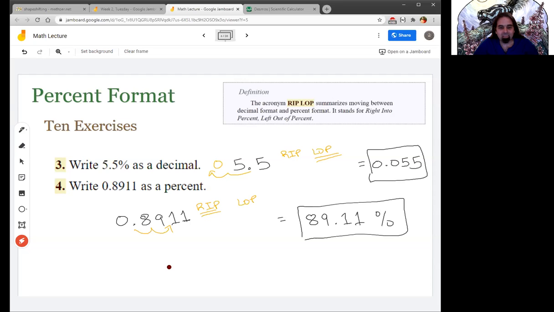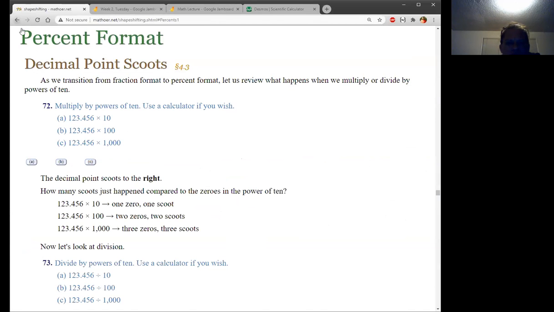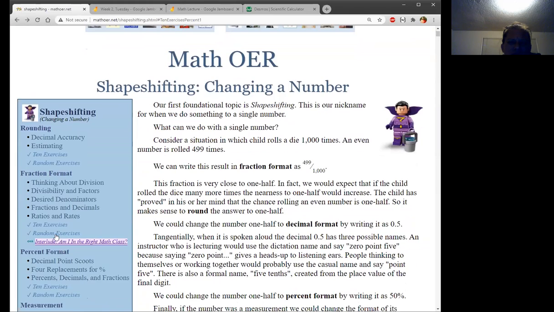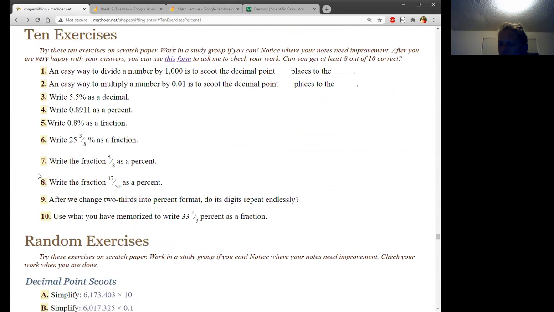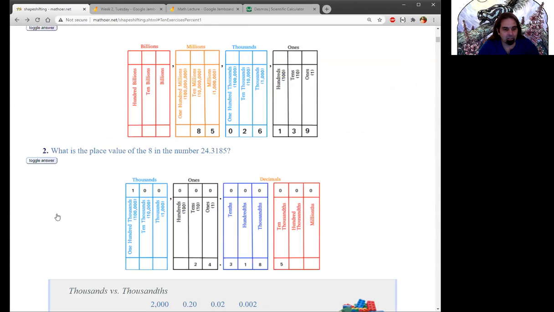So can you show me the ratio? I'm stuck on number 8 in the fraction format. This one, right? Fraction 17/50 as a percent. Or is that the wrong problem? I think that's the wrong one.